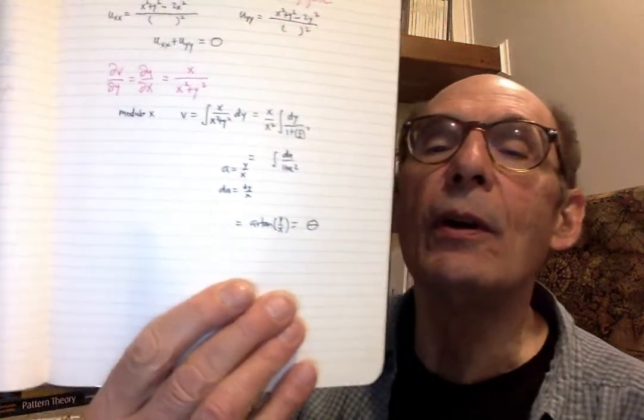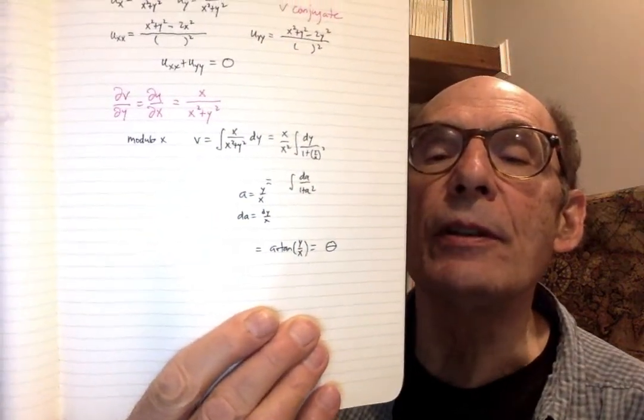This shouldn't be a surprise, especially after looking at the Laplacian in polar coordinates. It's not a surprise, but surprise! This is the arctan of y over x, commonly known as theta in polar coordinates. Well, isn't that just peachy? Theta is not a single-valued function.